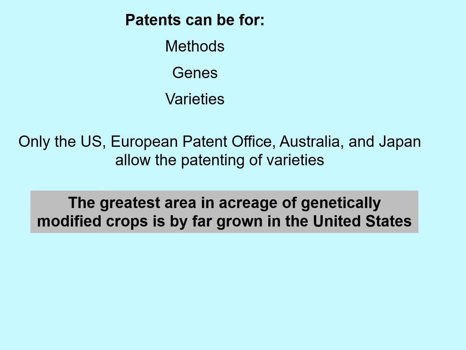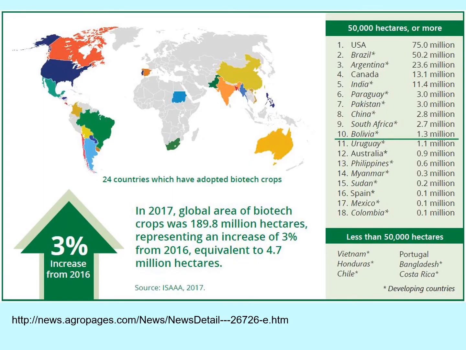And the greatest acreage of genetically modified crops is by far grown in the United States. Here you see the United States in recent years. This is 2017, the most recent I could get online. It grows 75 million hectares of genetically modified crops.